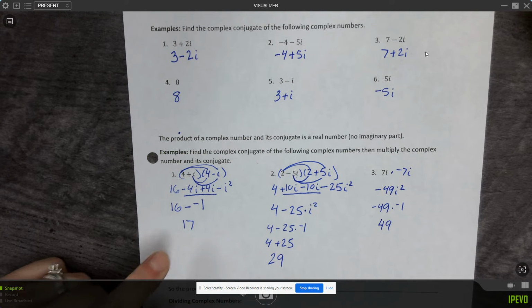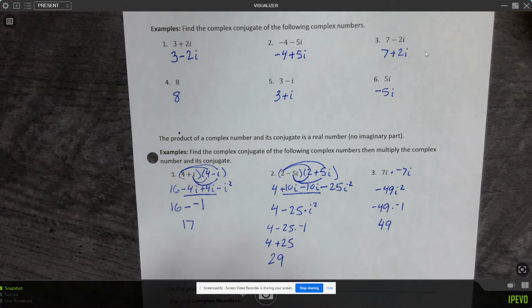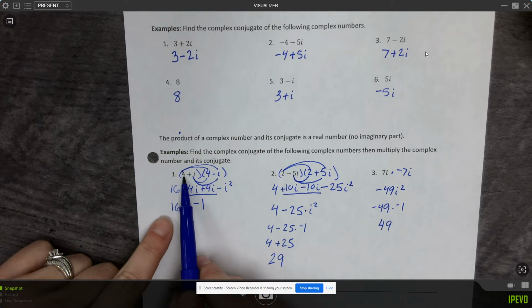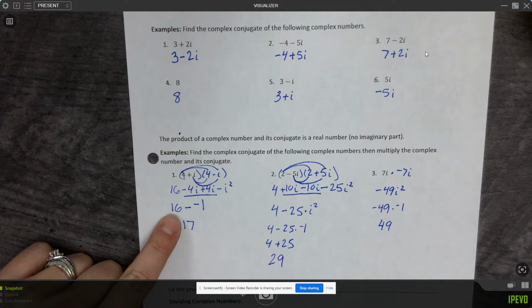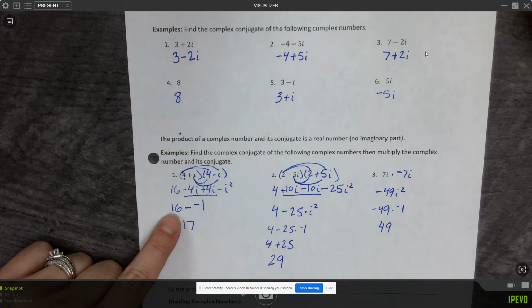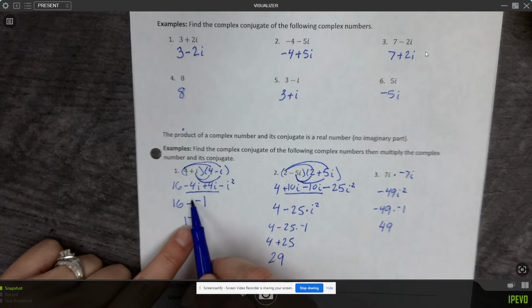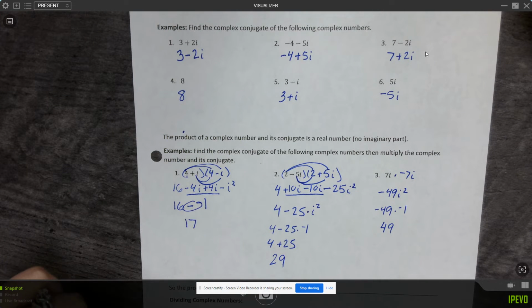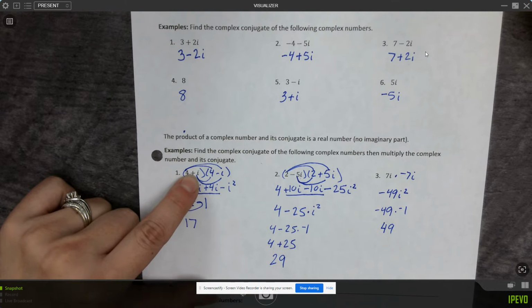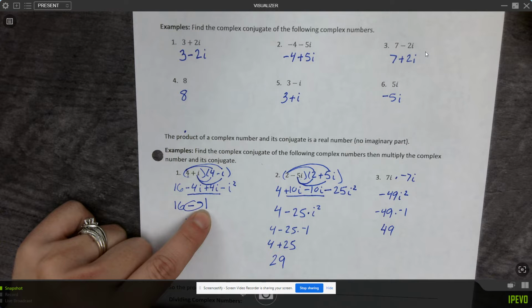Okay. So there is a way, though, to get these answers without doing all of that work. There's a pattern here. What is 4 squared? 16. And these two negatives are going to turn into a positive. And in front of this i is a 1. What is 1 squared? 1.